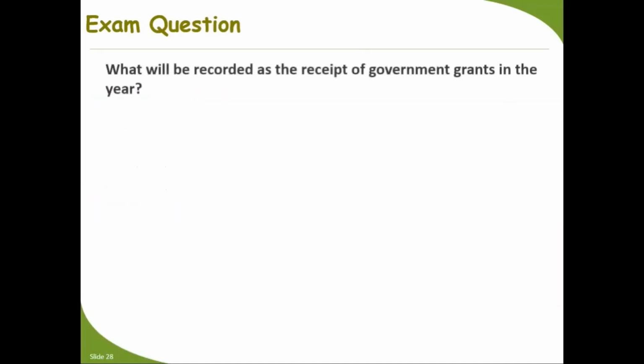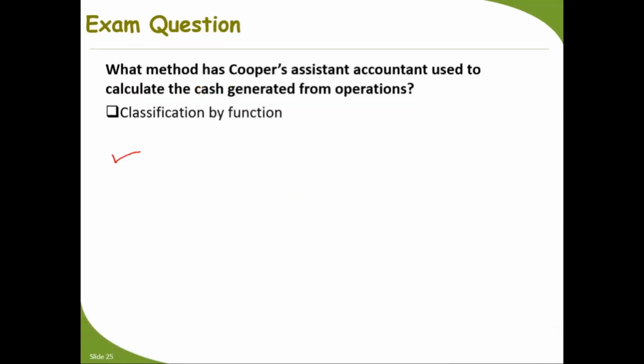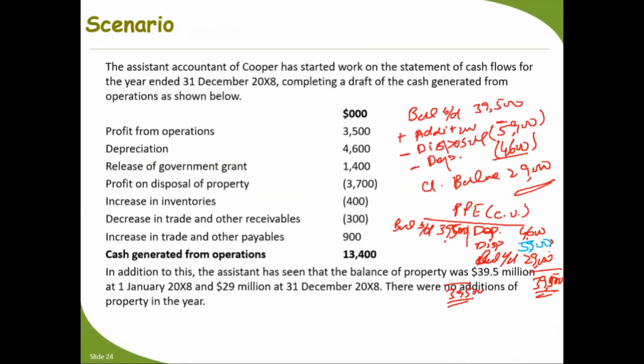Then what will be recorded as receipt of government grant in the year? Again, we will move to the data. Now, for receipt of government grant, we can use the T account.